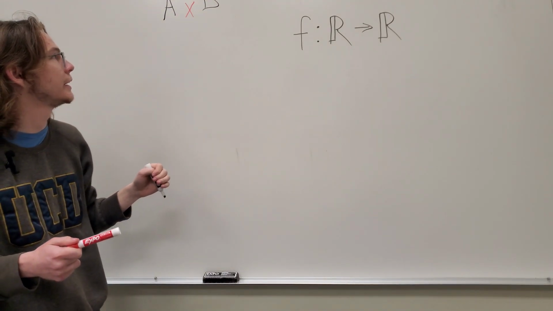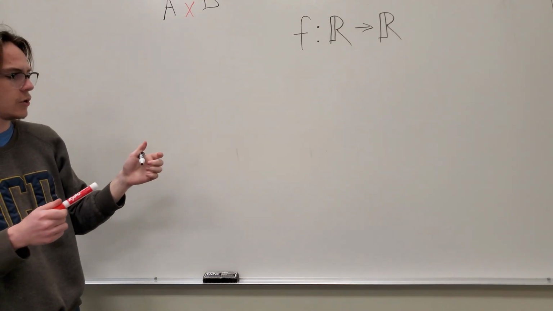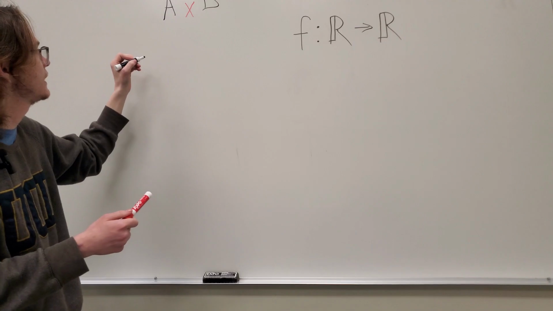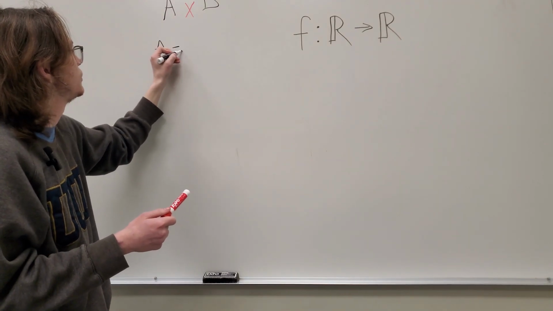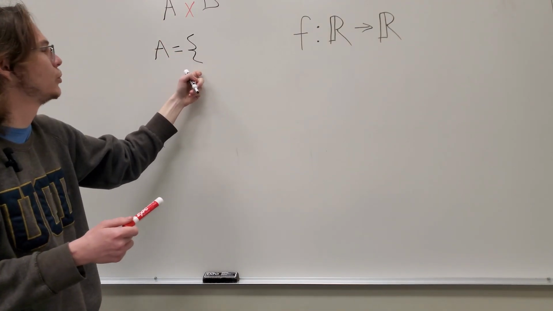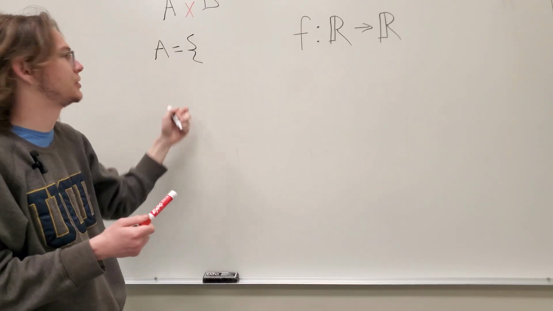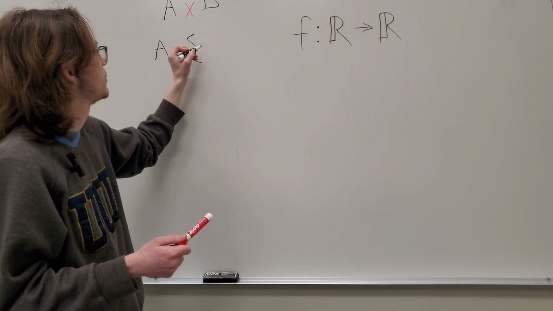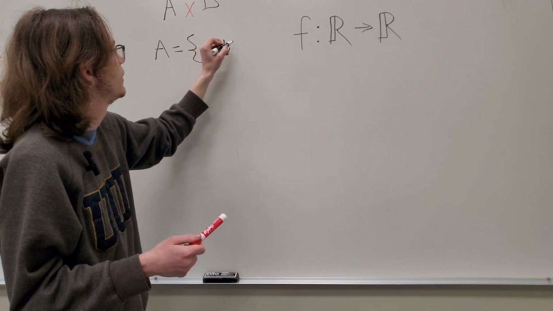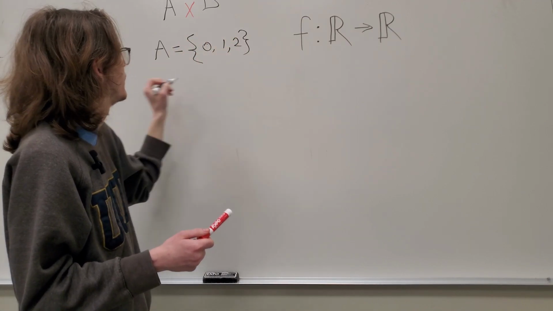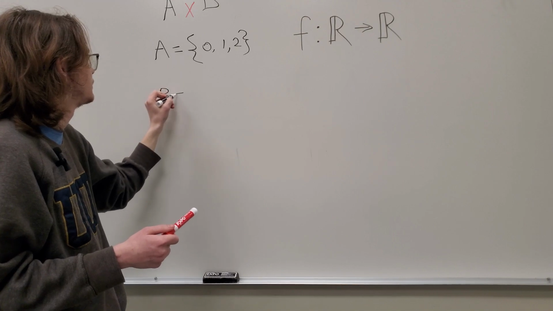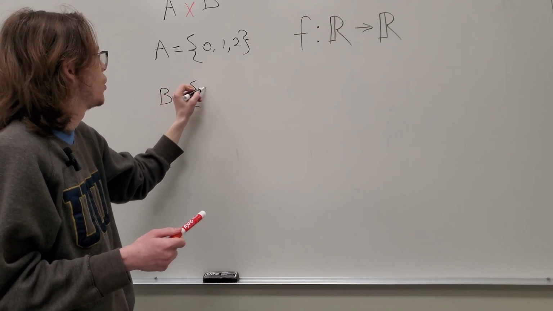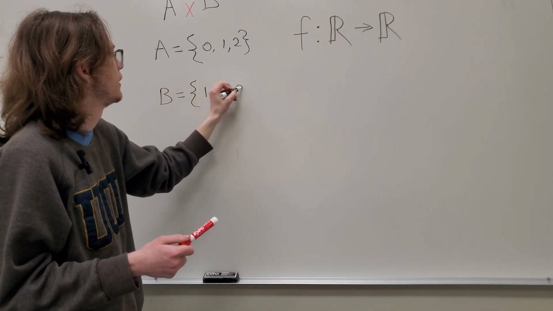I hope there's not too much glare. And so what this means is, let's say that the set A is equal to, and this is how you show that it's a set, by the way, with this curly brace, let's say that A is the set of numbers 0, 1, and 2. All right, and let's say that B is the set of numbers 1, 2, and 3.